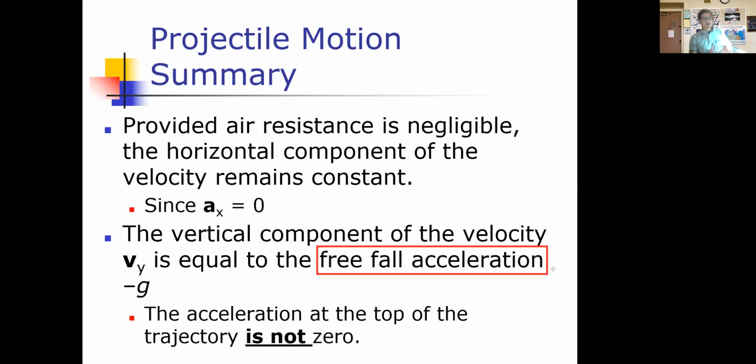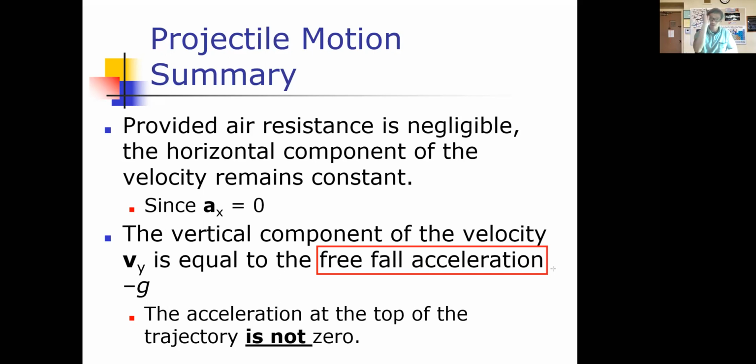Furthermore, the acceleration at the very top of the trajectory is not 0. The acceleration is always going to be negative 9.8 meters per second squared, downward, because we don't have any acceleration along the horizontal, and we only have acceleration along the vertical. The acceleration will always be the same along the vertical motion, and that's always downward.